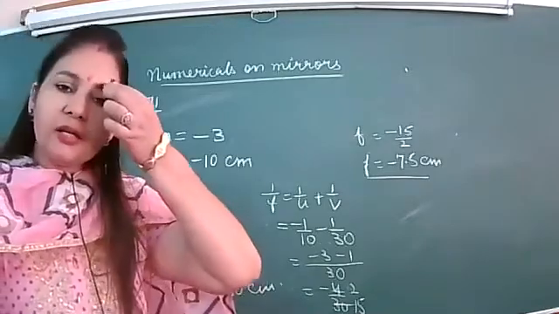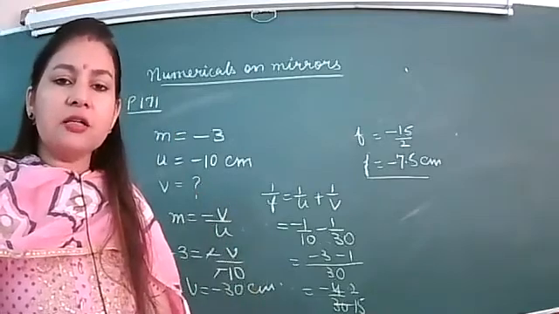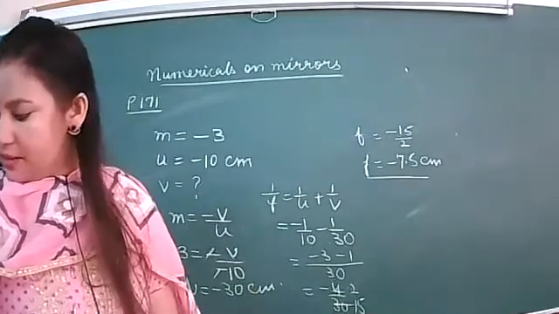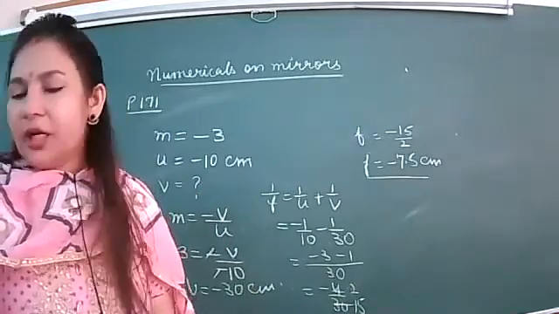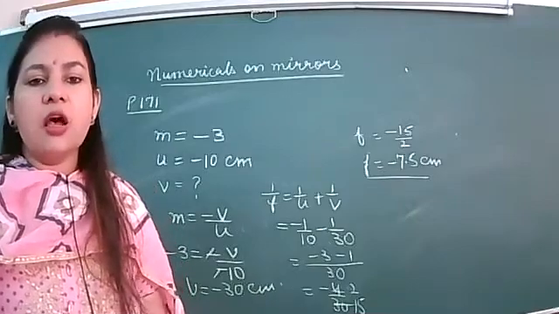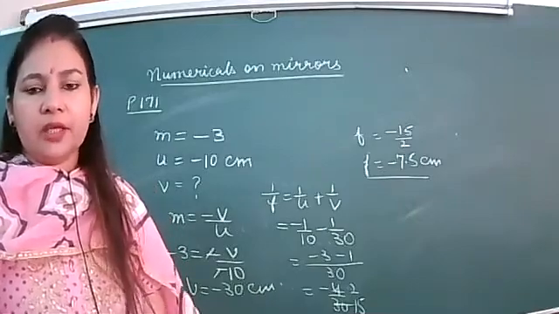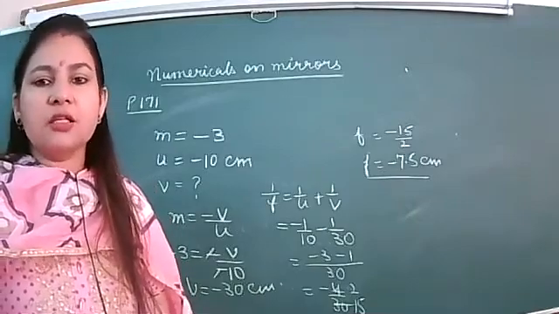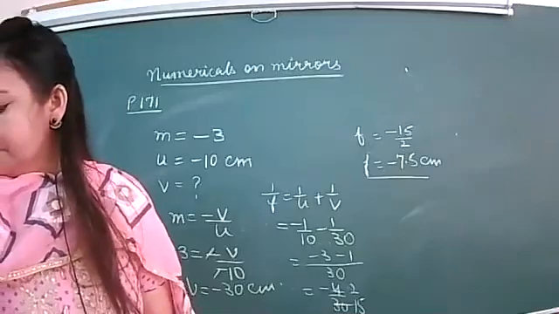Where is the object located if the radius of curvature of the mirror is 40 centimeter? Radius of curvature of this mirror is given 40 centimeter.